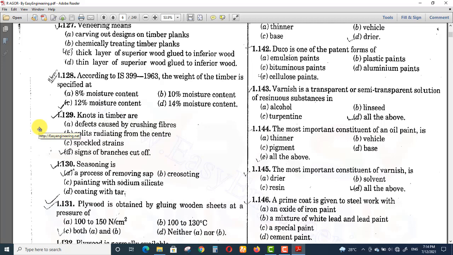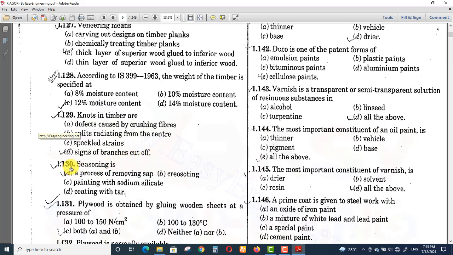That is called a note, because that note shows the actual position or sign of a branch cut. So option A is defects caused by crushing fiber, splits radiating from the center, speckled strands, and signs of branches cut off. So the right option for notes is signs of branches cut off from the tree.